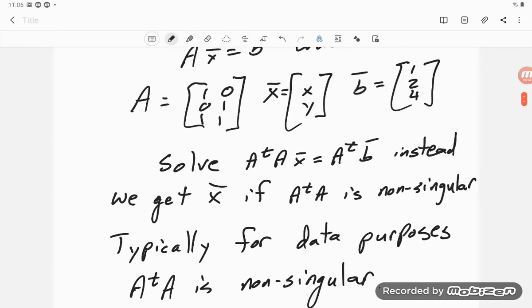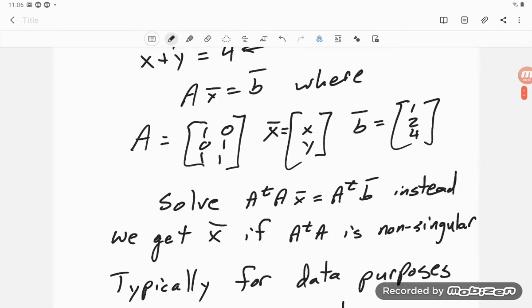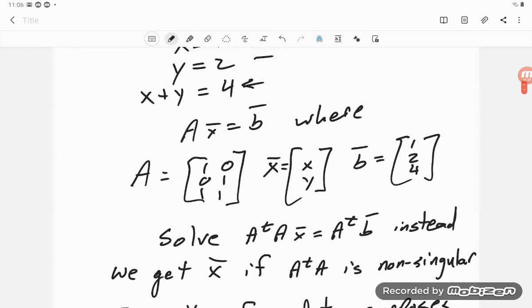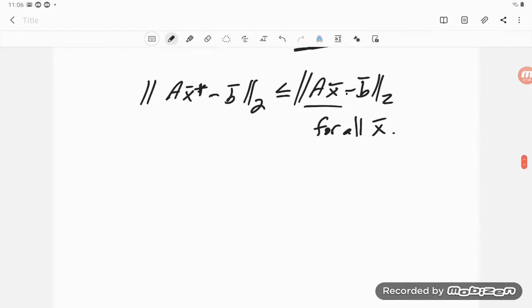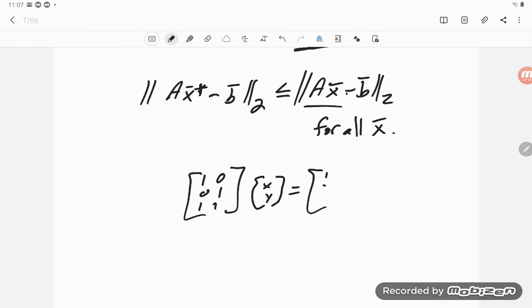So let's go back to our original problem here with the x, y, and x plus y, and our 1, 0, 0, 1, 1, 1 type thing. Okay, so I want to solve 1, 0, 0, 1, 1, 1 times x, y equals 1, 2, 4.